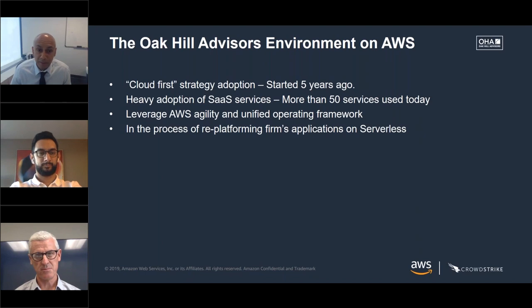So like I said, about 5 years ago, that's where we started adopting cloud. We, if you will, went into a cloud-first type of strategy mode, starting with Office 365 to Salesforce and a few other things. And at this point, we have upwards of 50 cloud services, primarily SaaS, that are being used at Oak Hill Advisors.